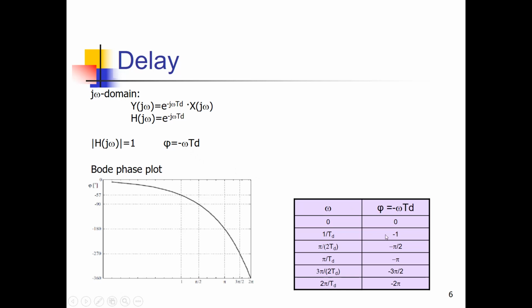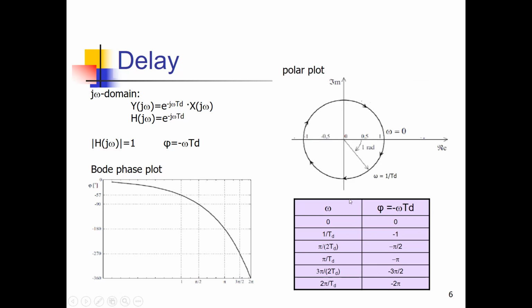It starts from 0 and decreases up to minus 2 pi, and it goes even further to minus 4 pi, etc. And the only curve which has that kind of behavior is a circle. So the polar plot, the Nyquist plot, is a circle with an amplitude of 1 and a starting point over here, and then it keeps on running around that circle.